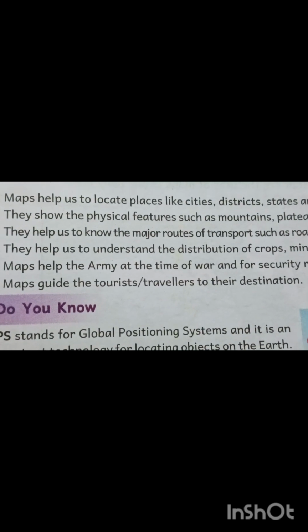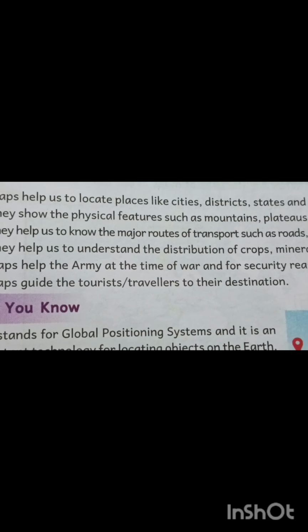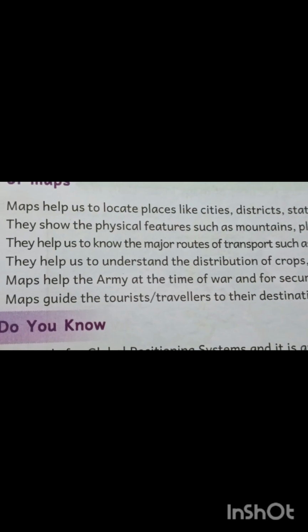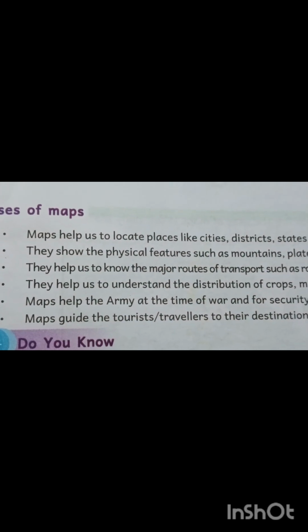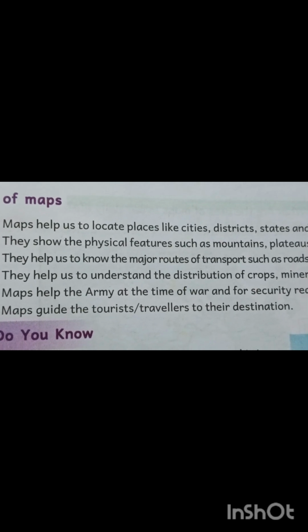And maps guide tourists and travelers to their destination. In this way, maps are very useful for us in our daily life.